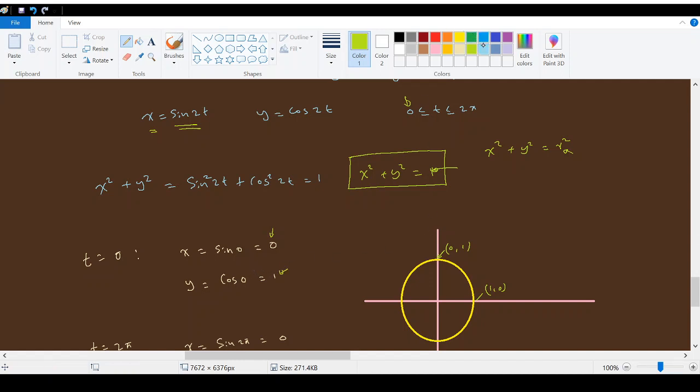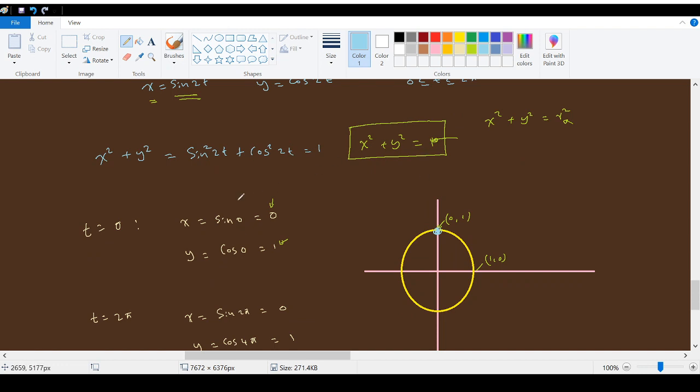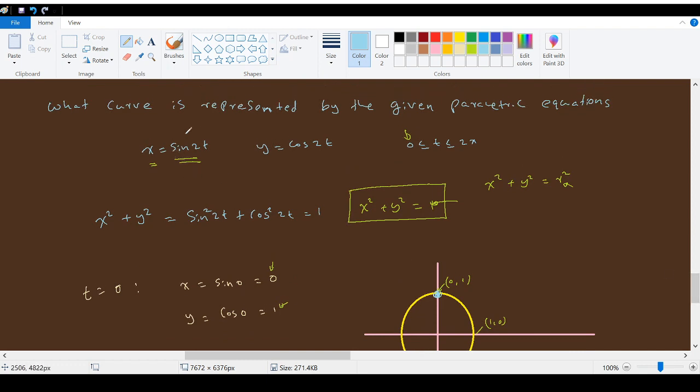That means we are going to start our curve at this point, and you can see that when the value of t increases, both x and y will change towards the positive quadrant.